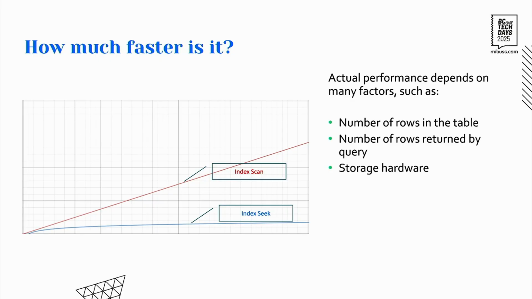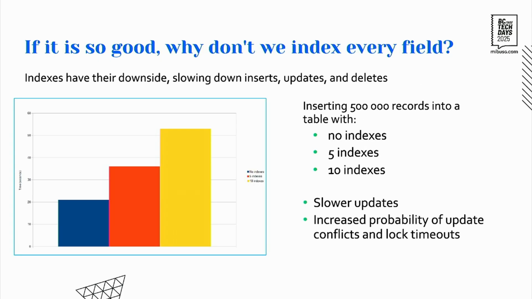But in general, if we can make the query use an index seek instead of a scan, it will be faster and it will not be as dependent on those factors as the scan is. And the more data we have in the table and the more data we select, the more difference we will notice. Exactly. And now we have a chart of how inserting is affected by different types of indexes.